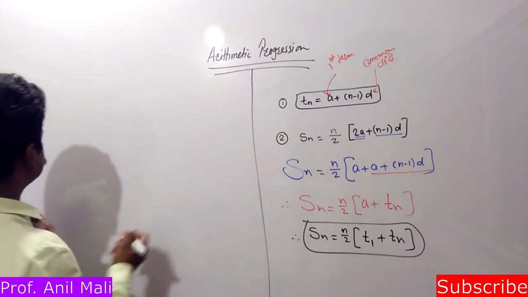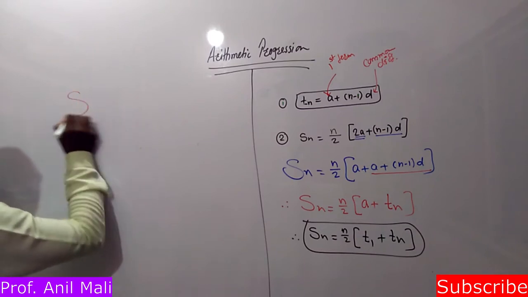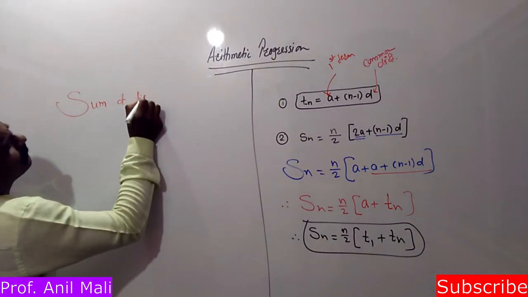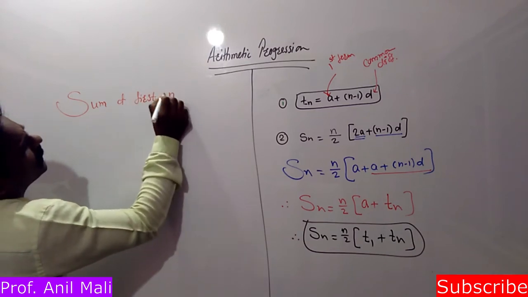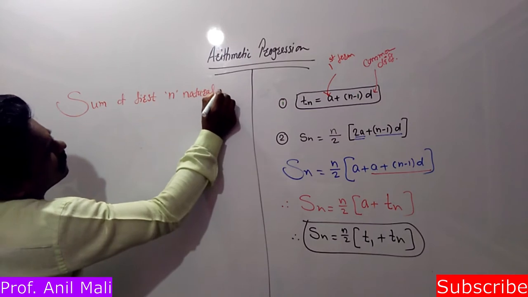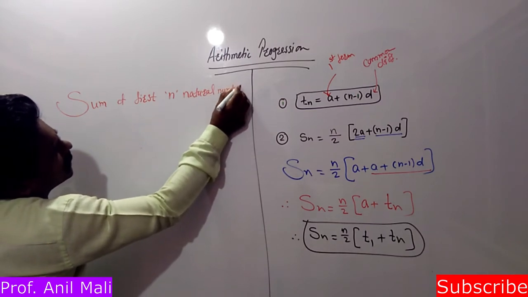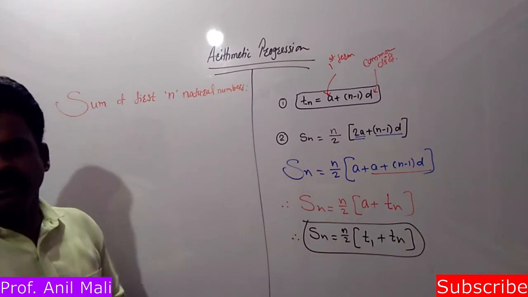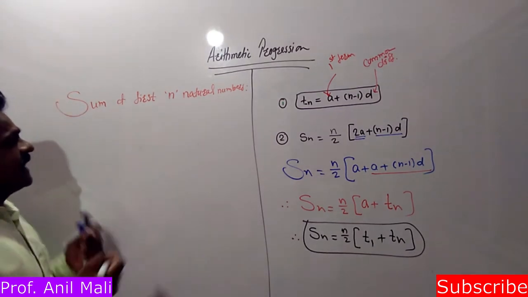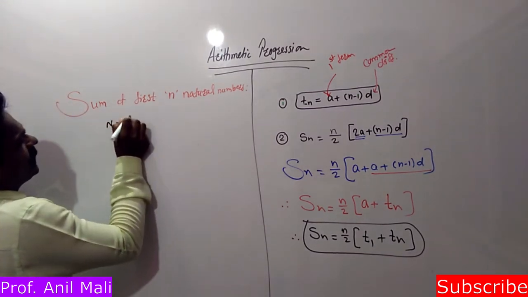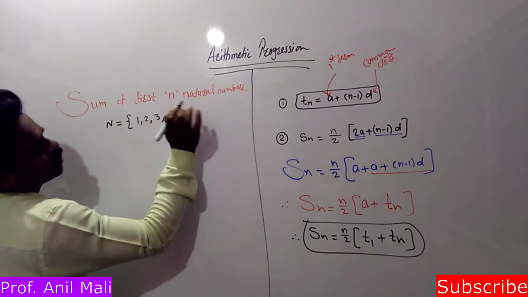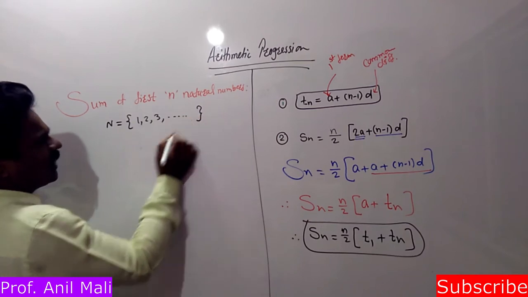So see here, sum of first n natural numbers. Okay, no problem. Now the set of natural numbers, as we know, is 1, 2, 3 and so on up to infinity.